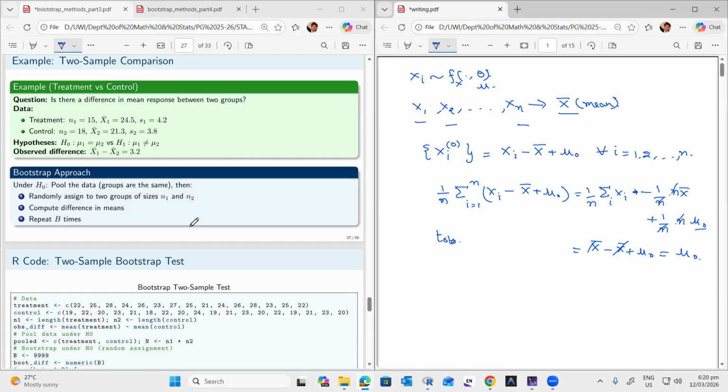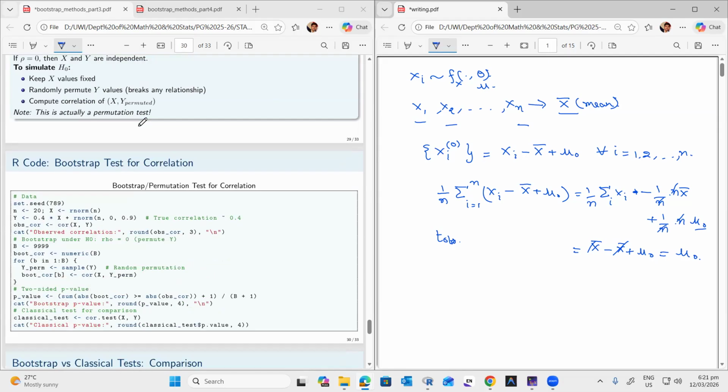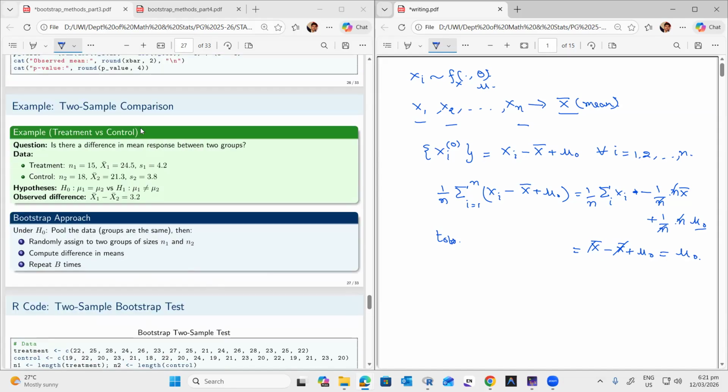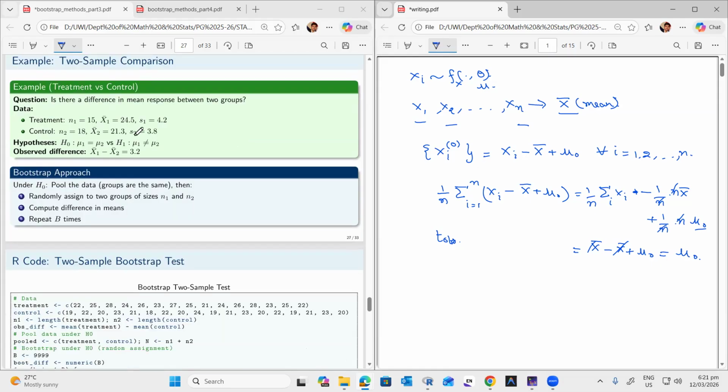So here, what we are basically doing, the question is: is there a difference in the mean response between the two groups? Is there any difference in the mean response between the two groups or not? So that is the question here.